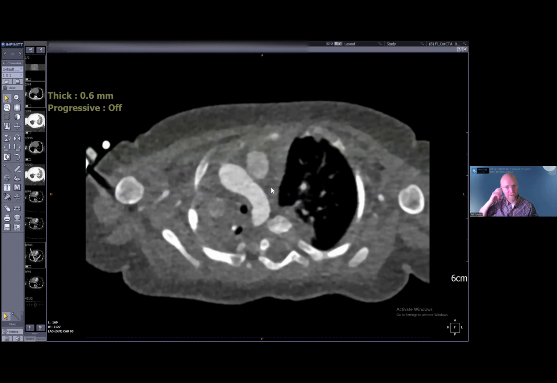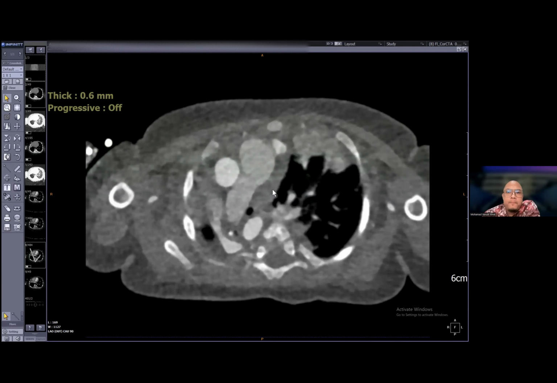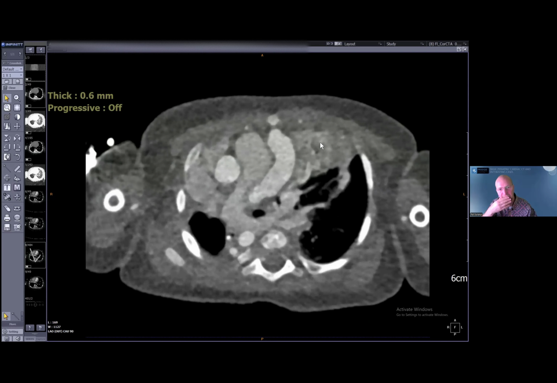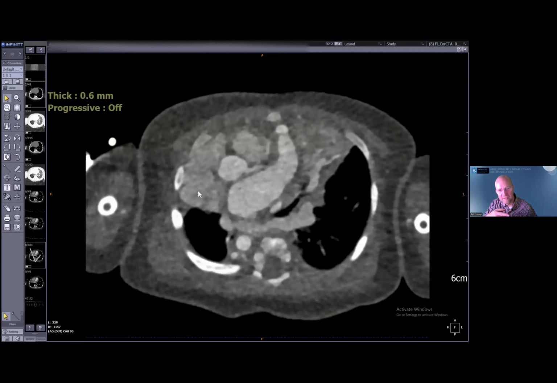If you scroll further down, yeah, right there. So it may not just be atelectasis, is what I was wondering. And on the right side, is that collapsed lung, or is that thymus?